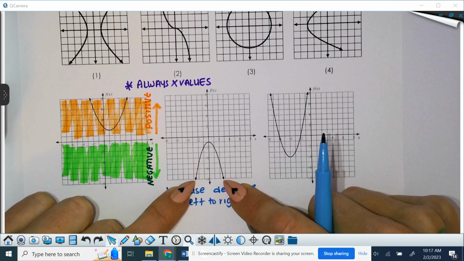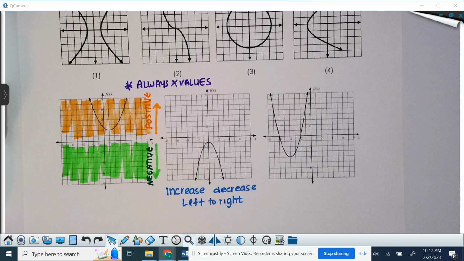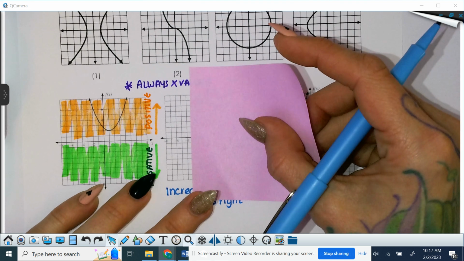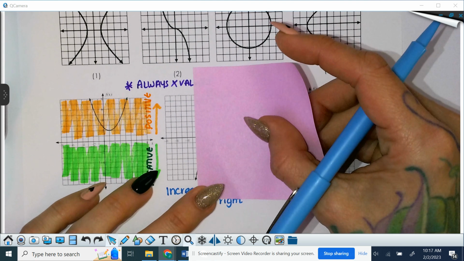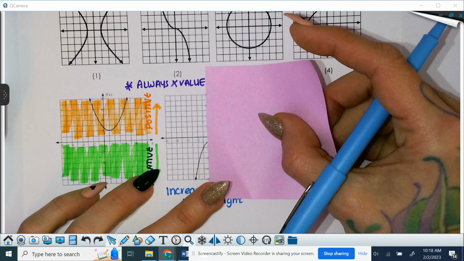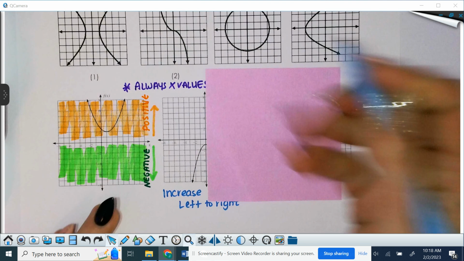It is a negative quadratic, but the whole thing is not decreasing because, again, we're reading from left to right. As I cover it up and start to reveal my function, there it is. As I'm going from left to right and revealing more of this function, is that line increasing or decreasing?